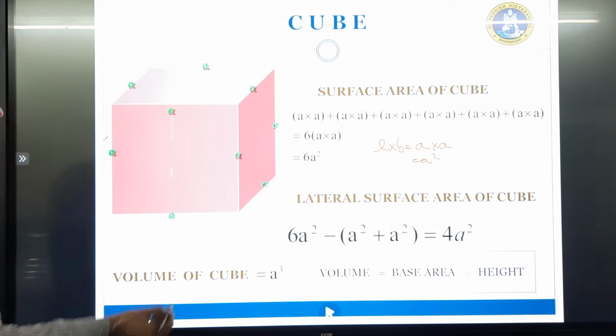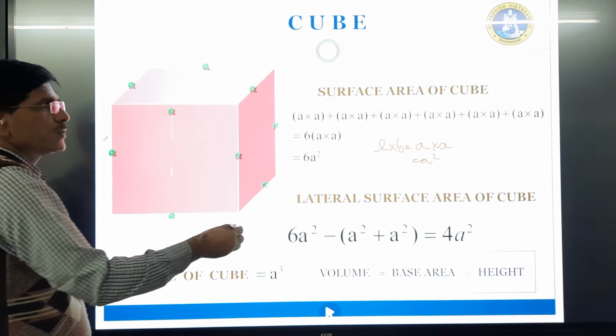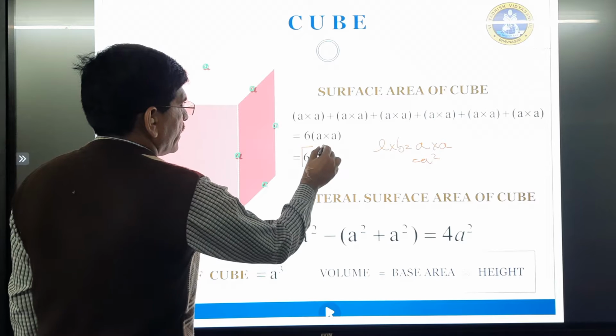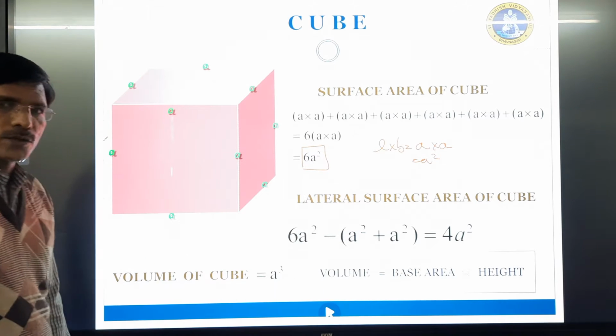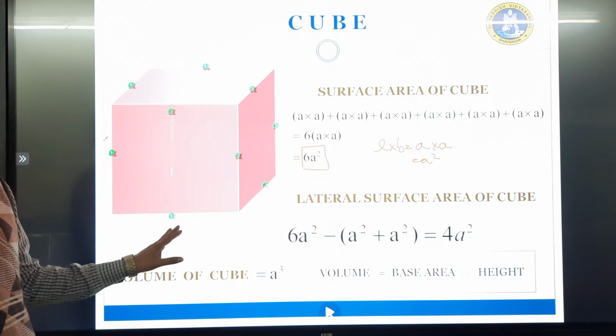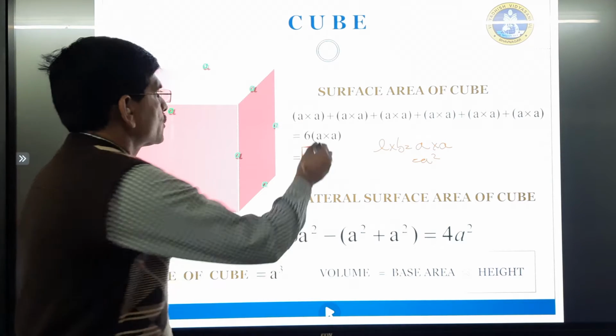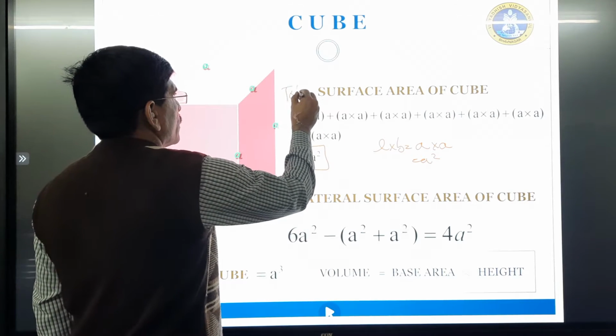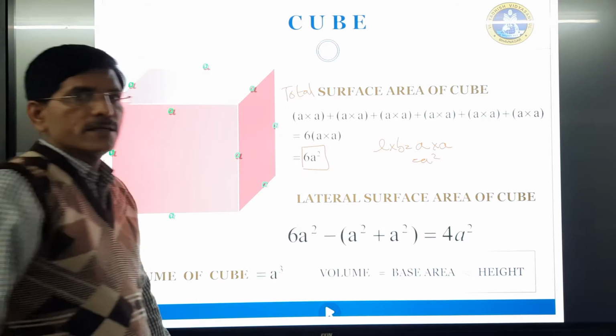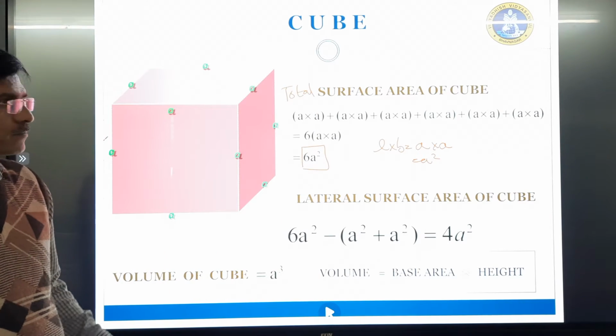How many A squares are there? 6 faces are there, so we say 6A square. That is the total surface area of a cube.